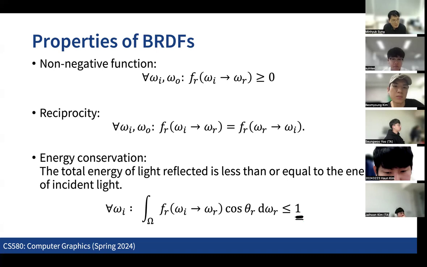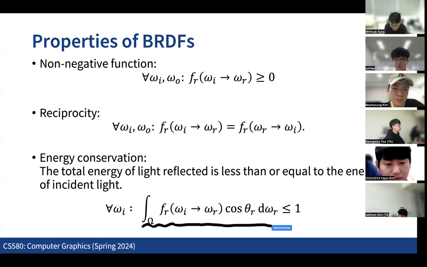So what's exactly the case when we have less than 1 for the integral of the BRDF? If the integral of the BRDF for the outgoing direction is less than 1, not equal to 1, then what would be such cases?